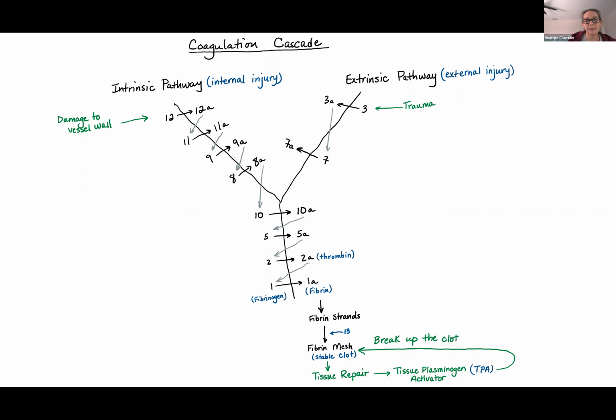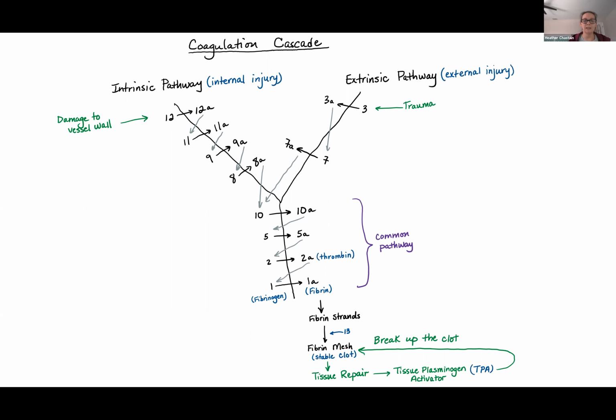Factor 7 gets activated. Activated factor 7 activates factor 10. So you notice that both of the pathways, whether it's intrinsic or extrinsic, end up at factor 10. So this area right here is called the common pathway because it's where both of them end up, okay?